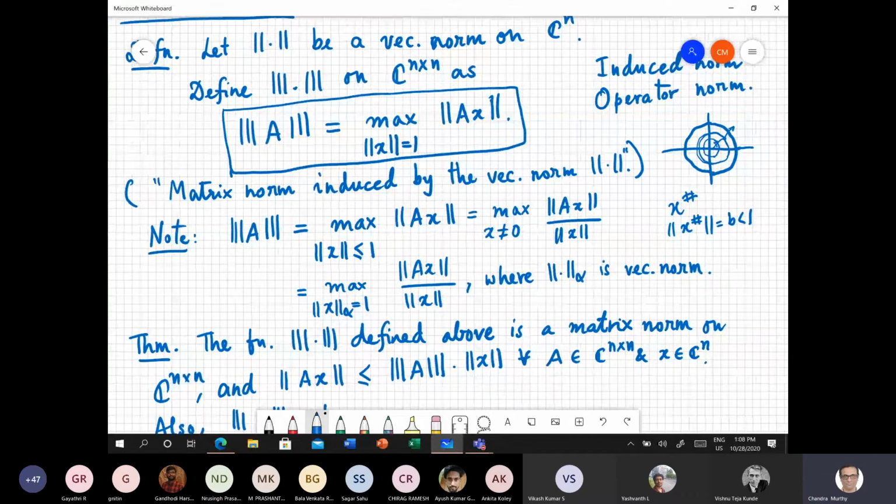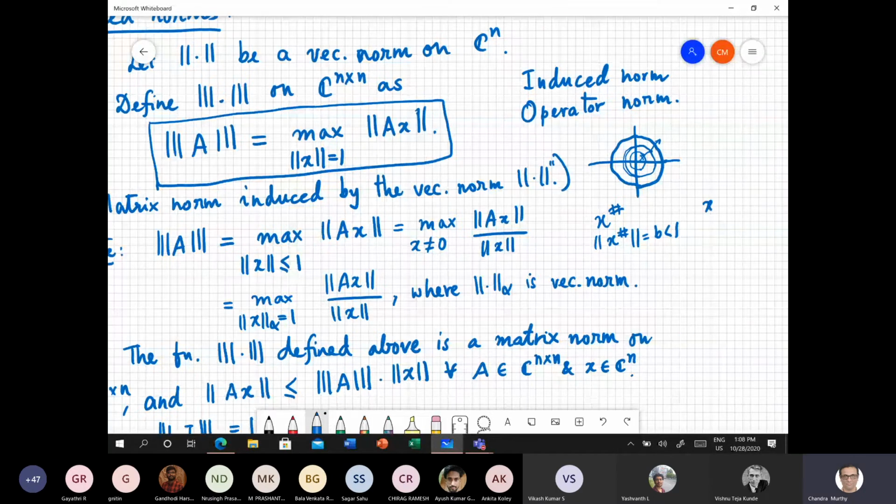I can say my solution is x dagger, which is equal to 1 over b times x hash. If I do this, then norm of Ax dagger is equal to 1 over b times norm of Ax hash.